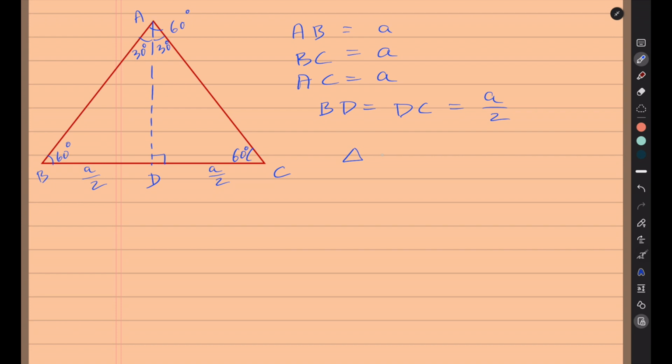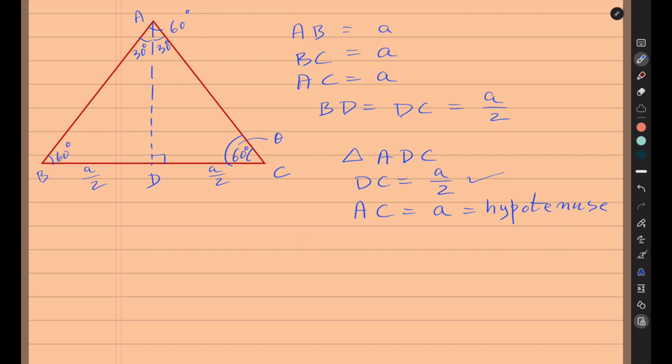So in triangle ADC, the measurement of side DC is a by 2. The measurement of side AC is a, and that is the hypotenuse of this triangle, when we say that this is our base angle theta. So DC is a by 2 and AC is a.